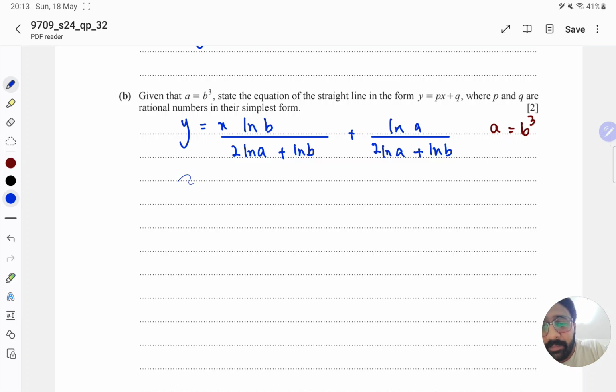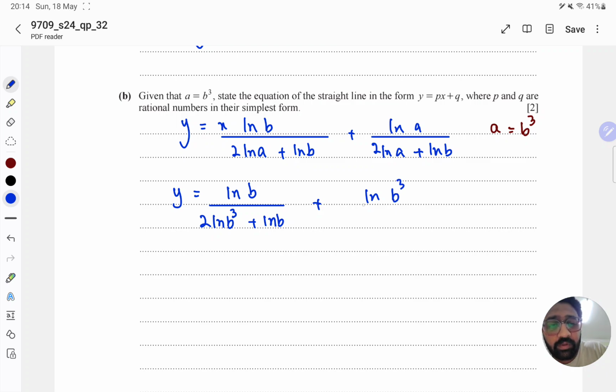So it will become y equals ln b divided by (2 ln b cube plus ln b) times x plus ln b cube divided by (2 ln b cube plus ln b).